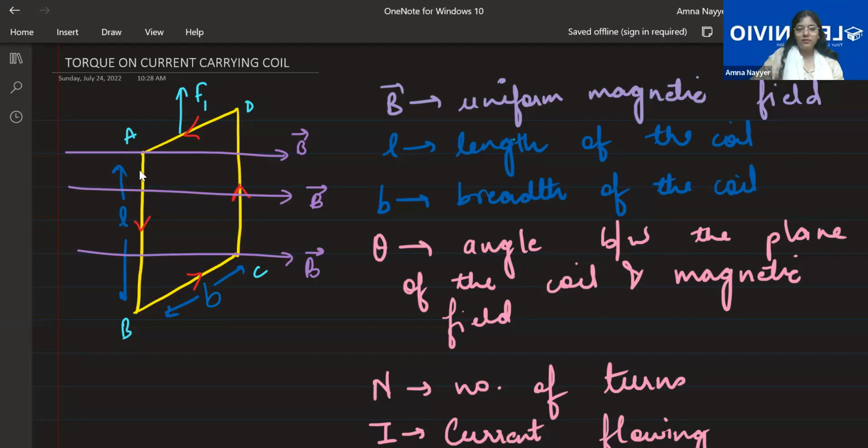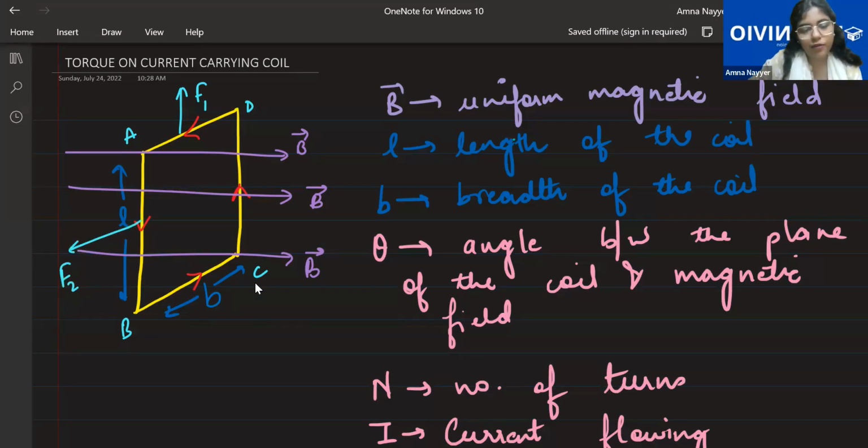This AB side is outwards. So the force will be... Downward? No. Current is flowing like this, downwards. Magnetic field is towards the right side. Curl the fingers towards the right. Where is the thumb pointing? Outwards. Yeah, this is coming outwards.